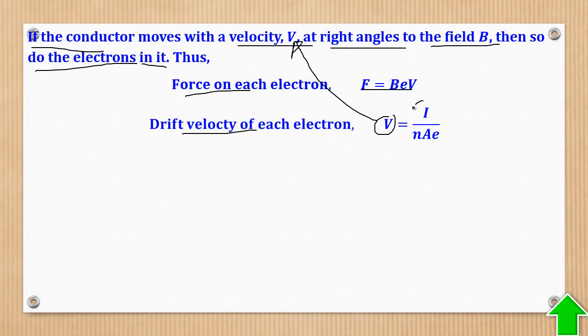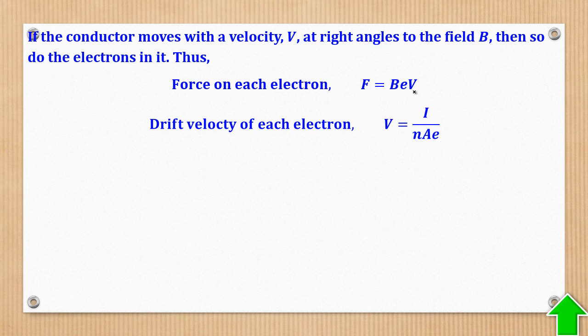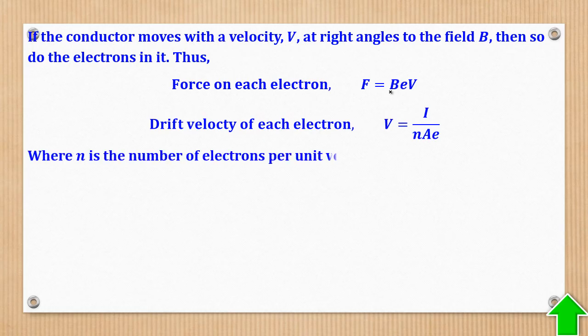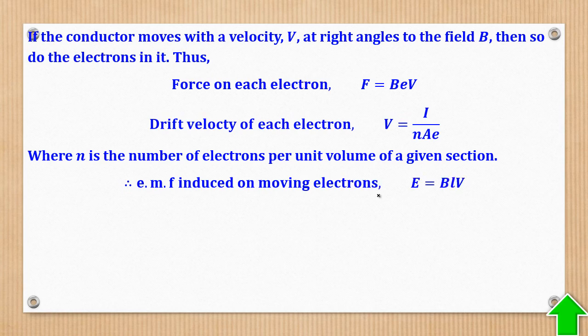The current can be given as I over nAe, where n is the electron density, that is electrons per unit volume. The EMF induced on the moving electrons is the same EMF induced on the moving conductor.